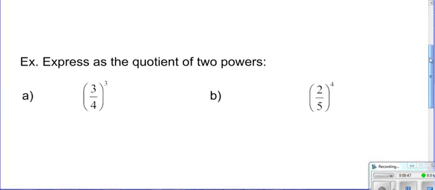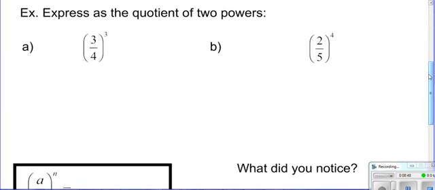Okay, our last rule that we want to look at for this lesson is the power of a quotient rule. That says if you have two things inside your base that are being divided, the exponent applies to both pieces. So again, you could technically go 3 divided by 4 and get 0.75 to the power of 3, but we're trying to demonstrate our exponent rule.